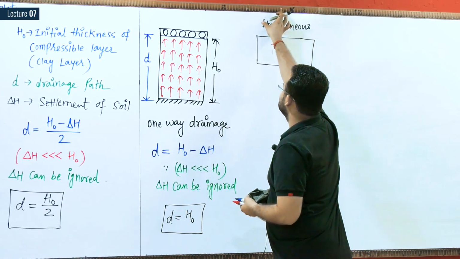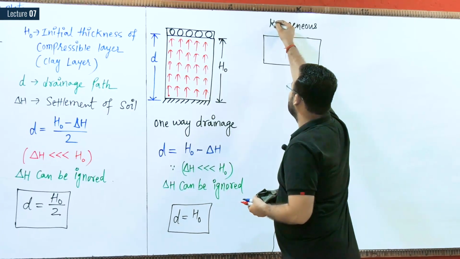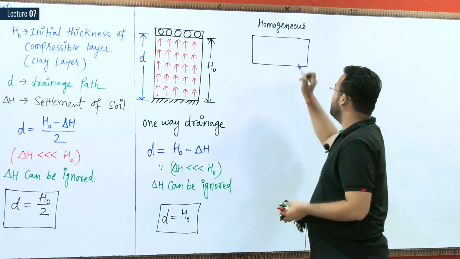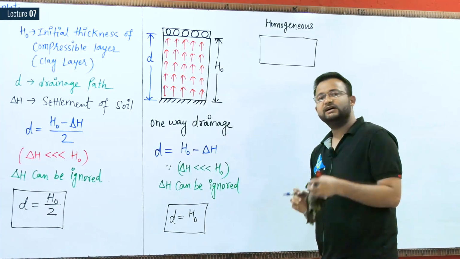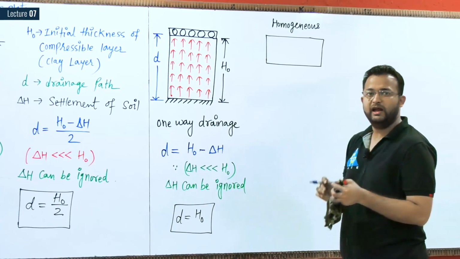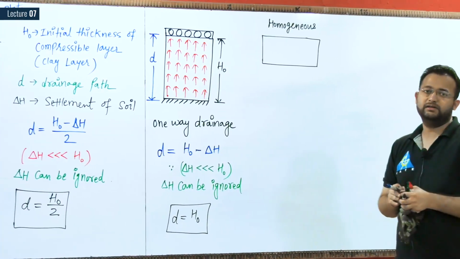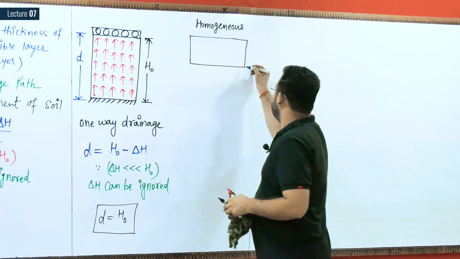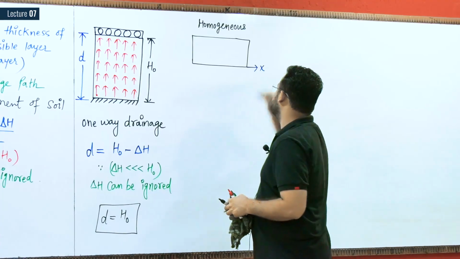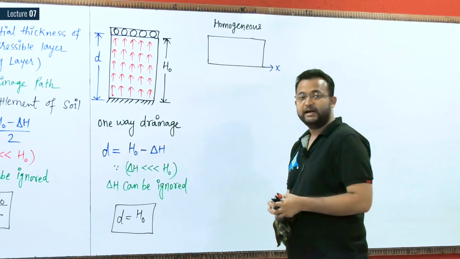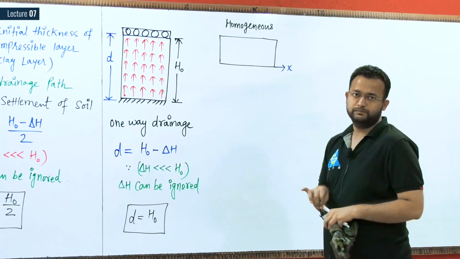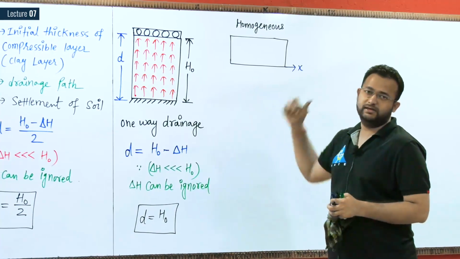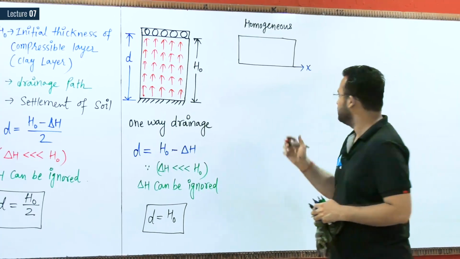The meaning is, if I consider any direction in this material, then at each and every point in the given direction the property of the material is same. Let me explain. If I say this is your x direction, you select any point in the material, in this x direction the property will be same.